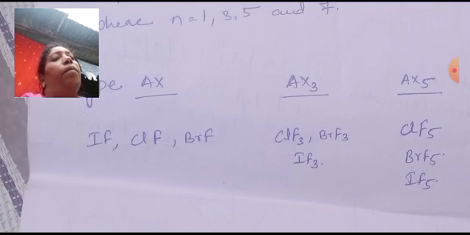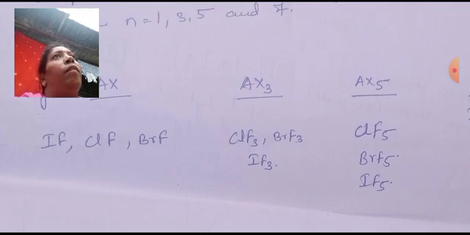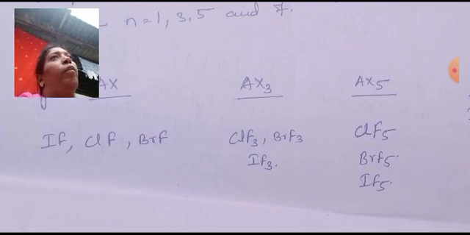Coming to the second one, AX3 type, by passing chlorine monofluoride with fluorine through a hot nickel tube, you will get chlorine trifluoride. After it is formed, we have seen its structure and bonding.